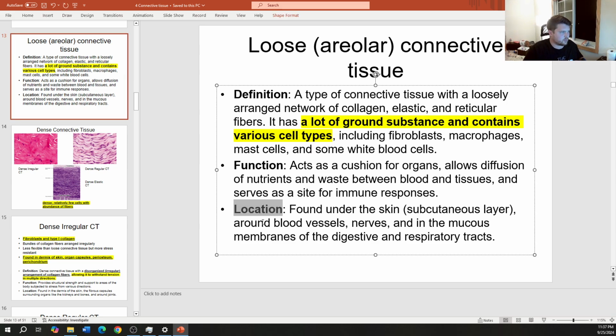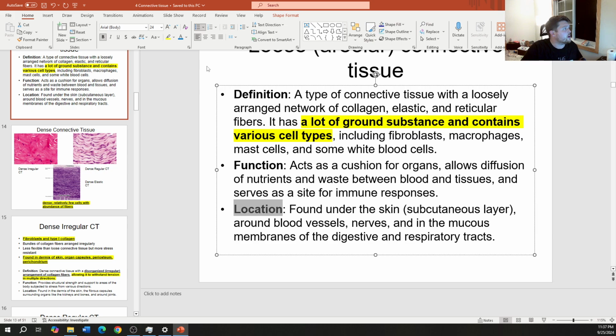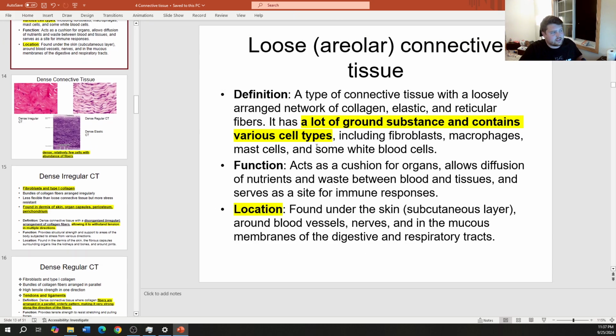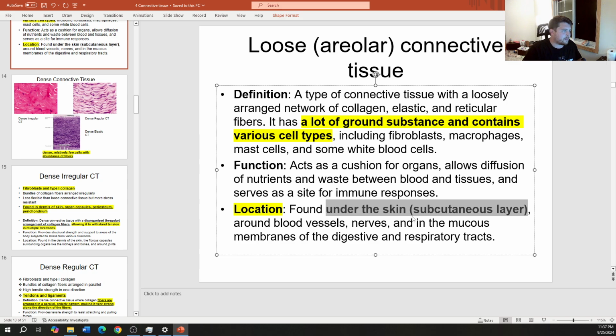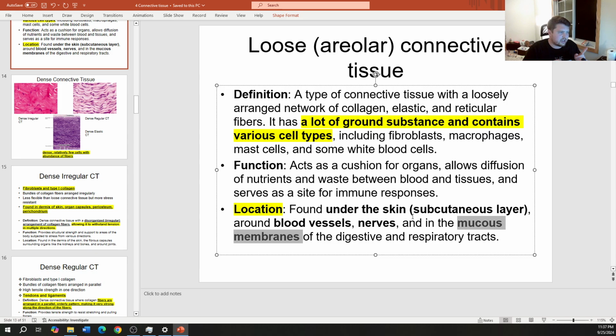Location is a really big one. We always want to focus on location, where we find these things. For the loose connective tissue, it's under the skin in the subcutaneous layer, around the blood vessels, around nerves, in the mucous membranes of the digestive and respiratory tracts. If you stop and think about under the skin, the blood vessels, the mucous membranes, the digestive and respiratory systems, what do all of those have in common?